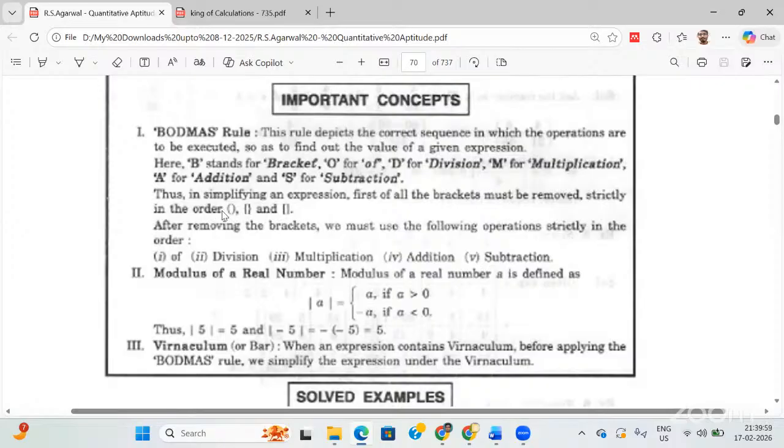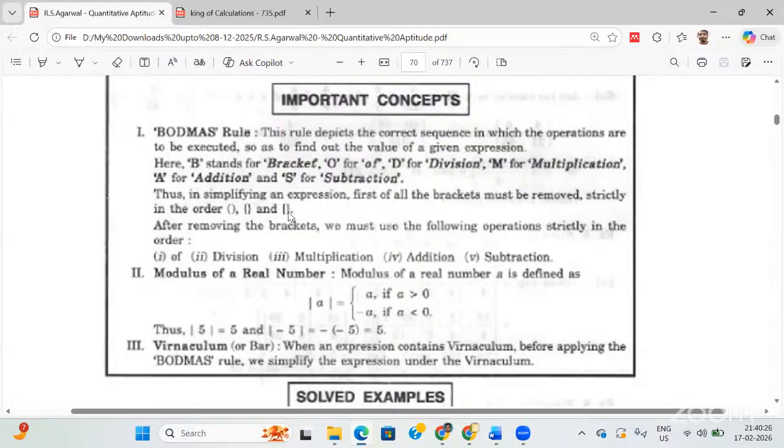In case of bracket, there are different types of brackets. Normally, we know this kind of bracket is known as parenthesis, the simple round shape bracket. This is also known as the second bracket, and this is the third, or the square bracket.